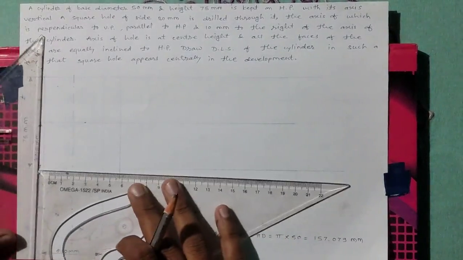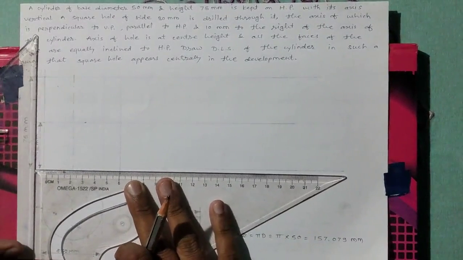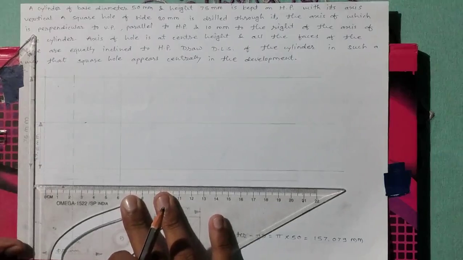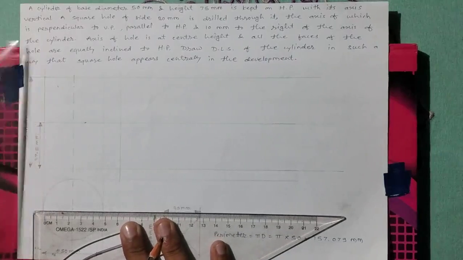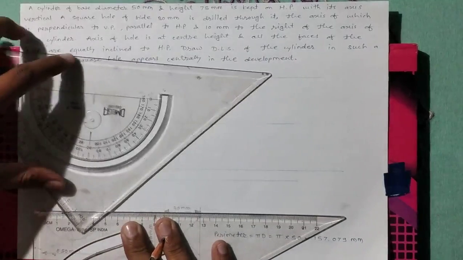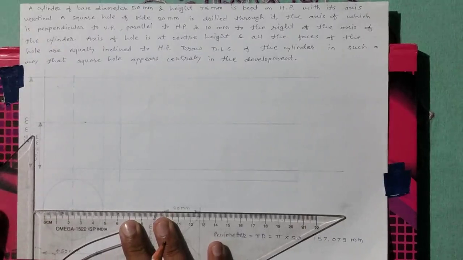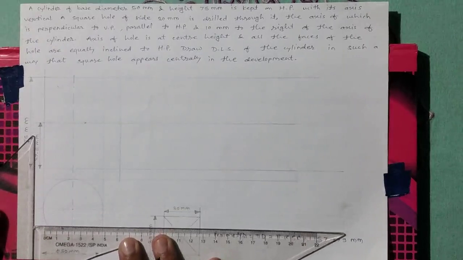We have to draw projection from that point. We are using set squares for drawing this projection.